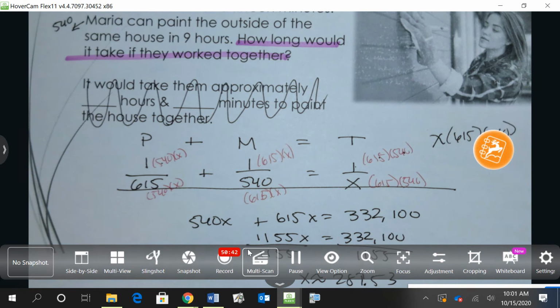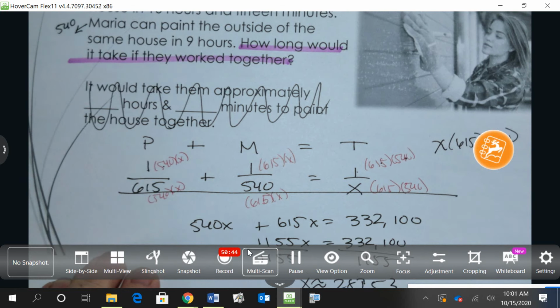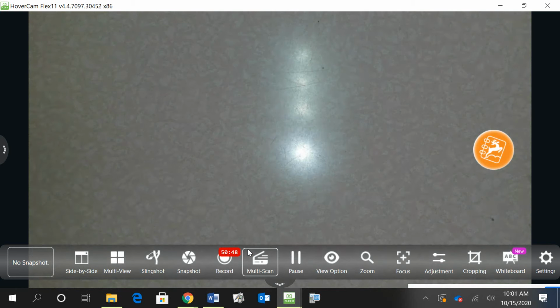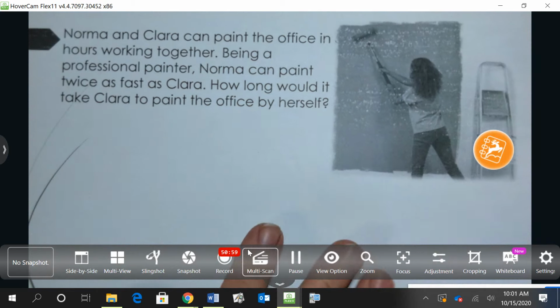We have one problem similar to this before we move on to a different type of rational equations. One more painting problem. Thank you for your patience. Part of this problem was cut off by my picture, so I do need to change a little bit of that.